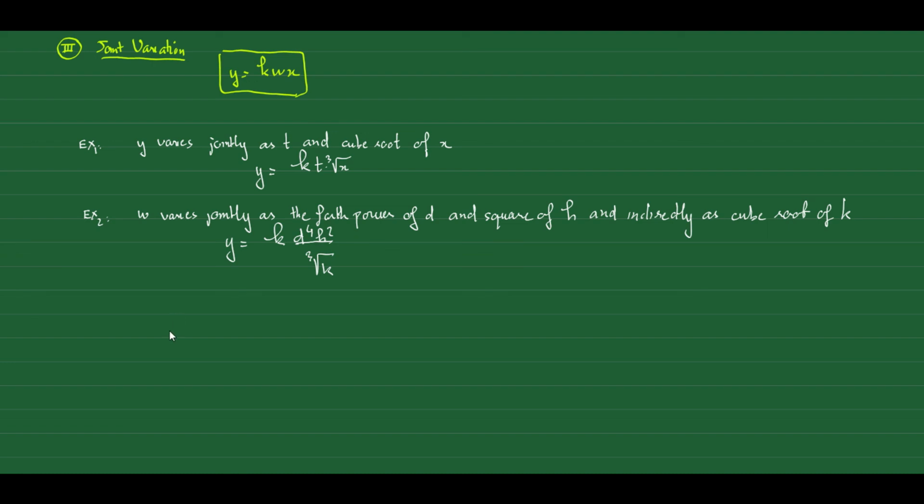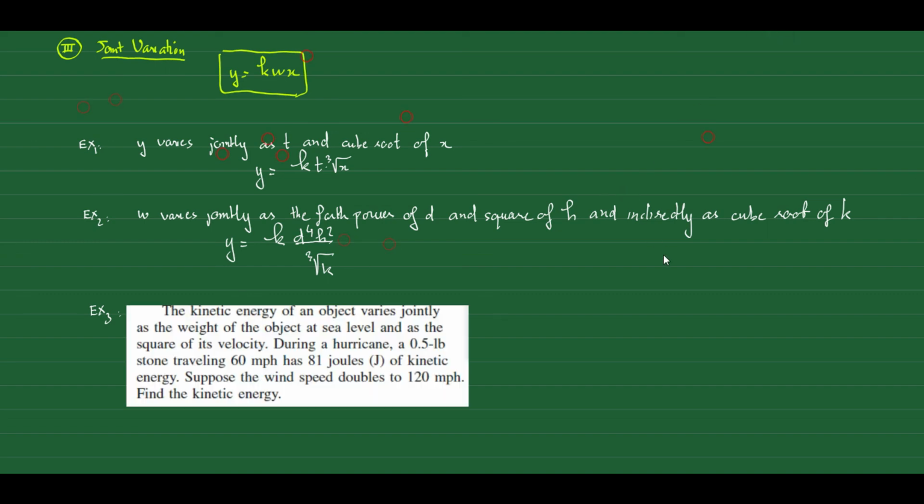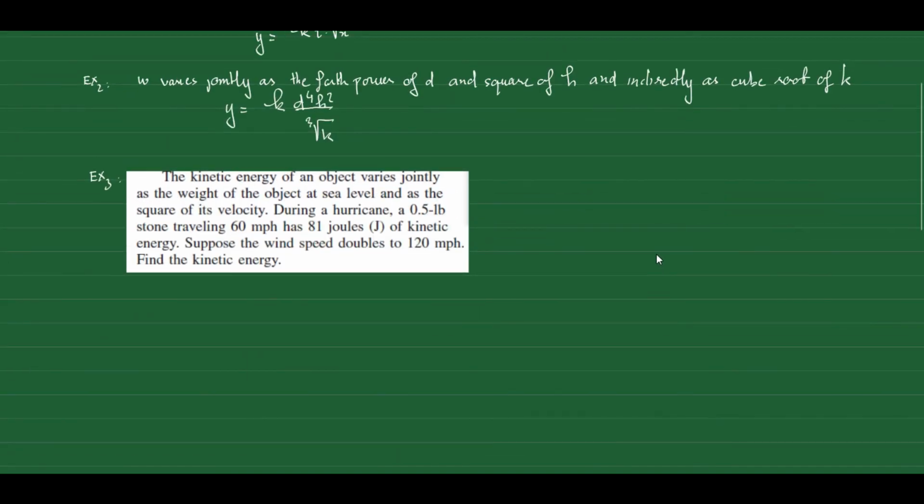I can give you another calculation problem. The kinetic energy of an object varies jointly as the weight of the object and the square of the velocity.